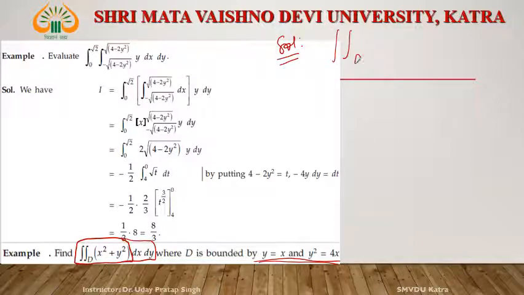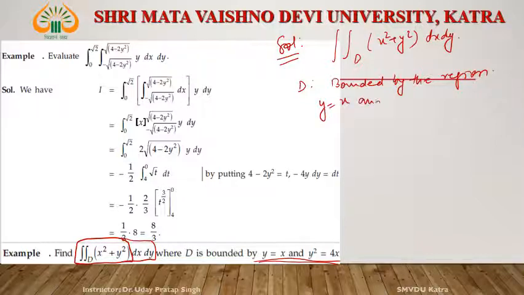We have to evaluate the double integral of x square plus y square dx dy, right? What is D? D is bounded by the region y is equal to x and y square is equal to 4x.